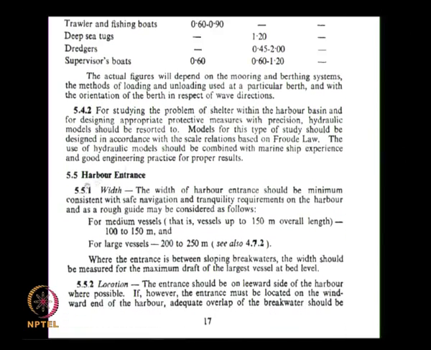Then we have to talk about the entrance to the breakwater, that is the gap we have to leave between the breakwaters. So this is another important parameter. If you give more entrance, the vessels will ply easily, but if you give more entrance, the wave heights will be higher. So there should be a compromise between these two conditions.